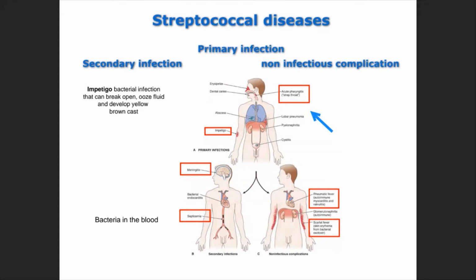Oftentimes, as a result of strep infection, you can have a secondary infection or a non-infectious complication. All right? And this non-infectious complication, of course, is associated with rheumatic fever, right?